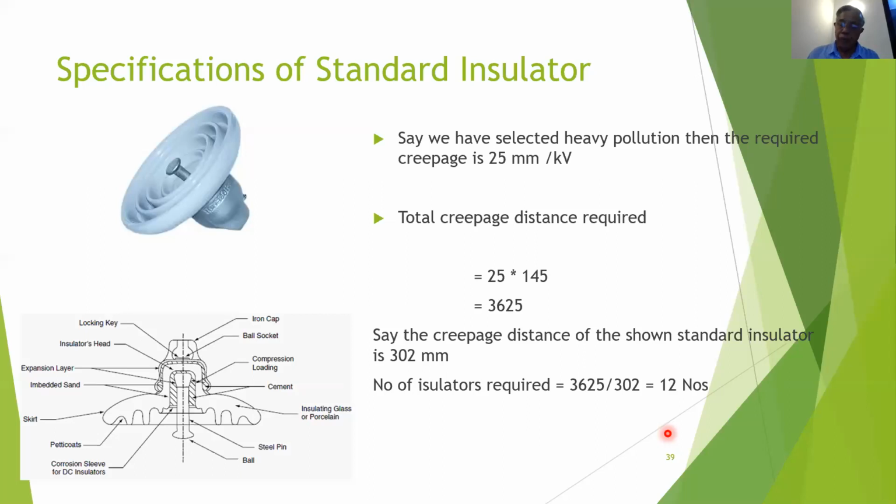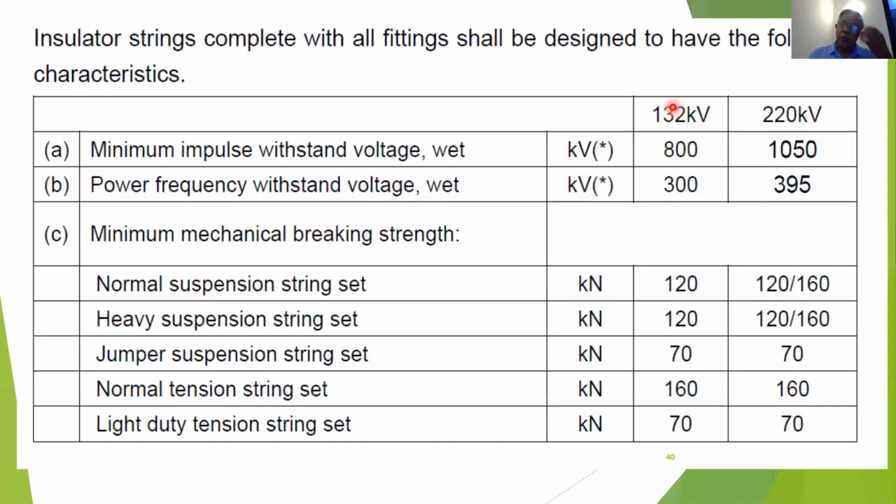If you calculate the same thing for 220 kV, then 245 into 25 and you divide that by 302, you end up with somewhere around 17 or 19 insulators.